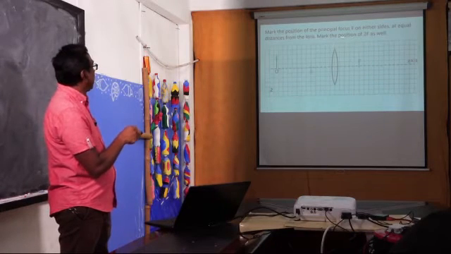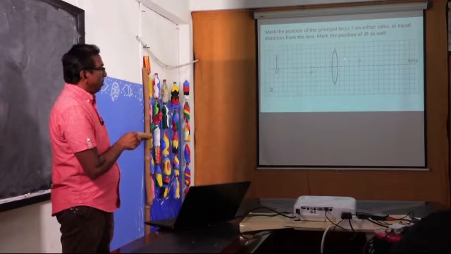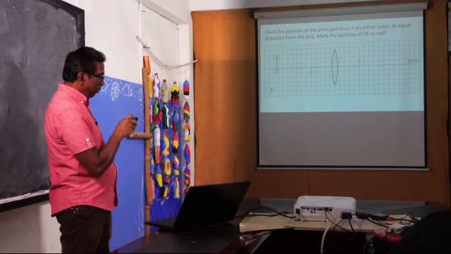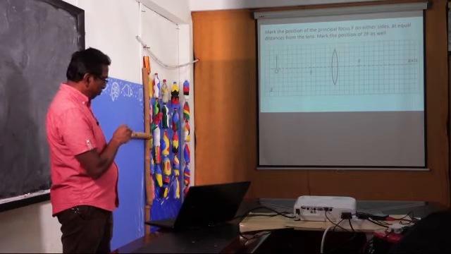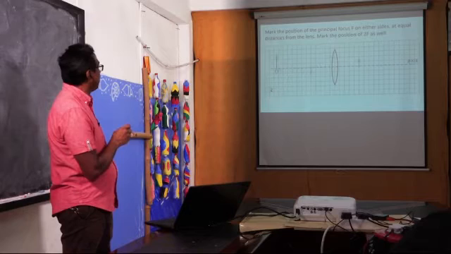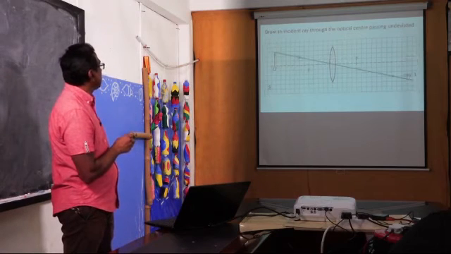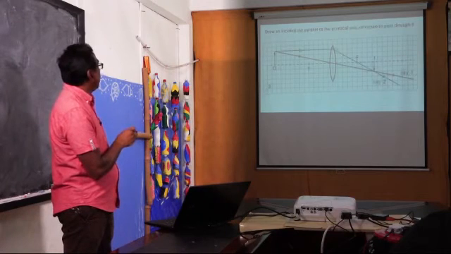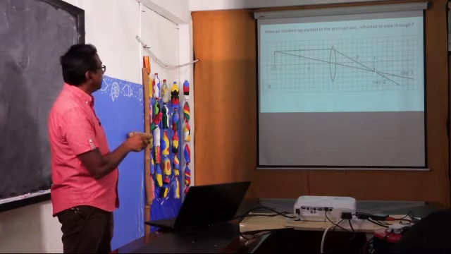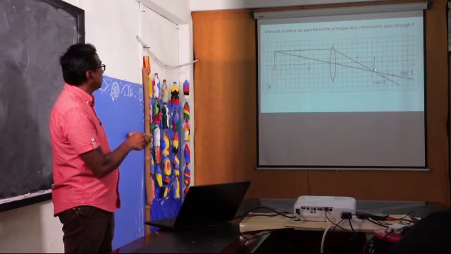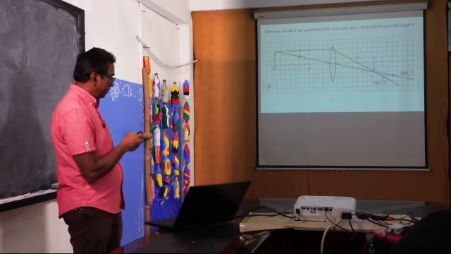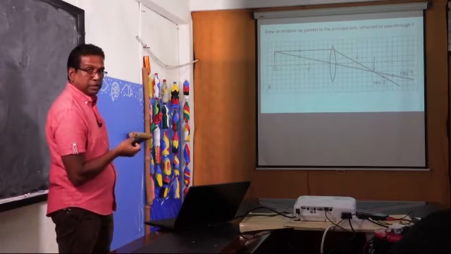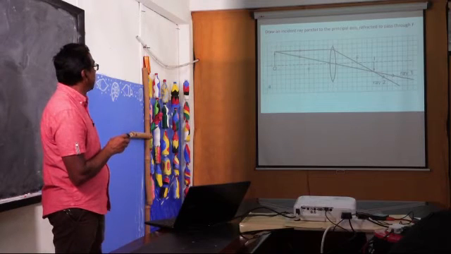So, position your lens, draw your principal axis, position your F to F, draw your object, and then draw your rays, one through the optical center, one parallel. Where the two rays meet, it is where this point is going to be. And this is going to be your image. Simple drawing ray diagram for the lens.